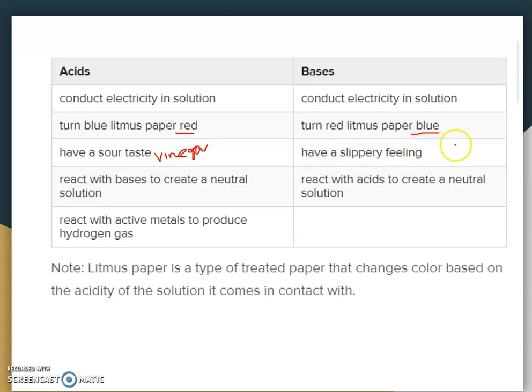Bases have a slippery feeling, so it's that feeling when you have soap in your hands because soap is a base. All right, they can react with each other to neutralize and form a neutral solution. And then acids react with active metals to produce hydrogen gas. So remember those single displacement reactions where H2 was a product? That's what we're talking about there.